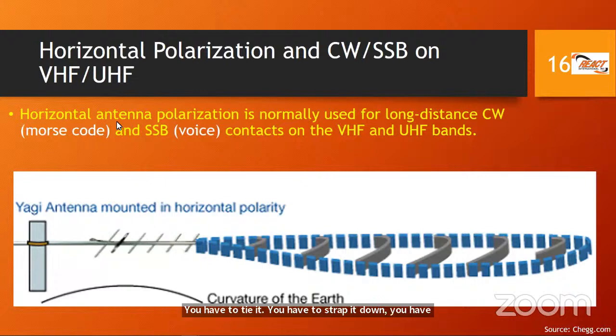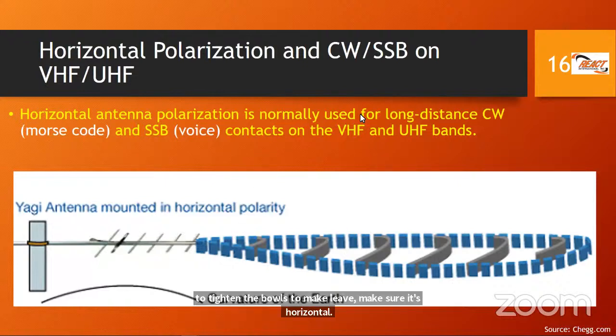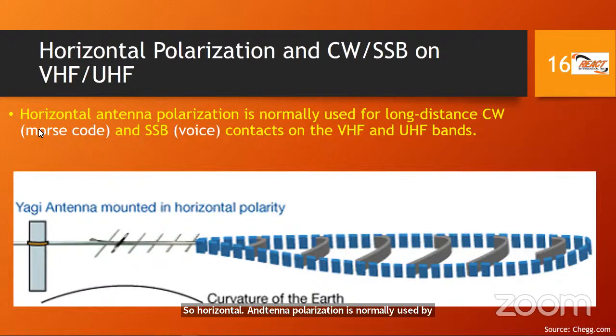So horizontal antenna polarization is normally used by hams for what? Long distance CW and SSB contacts. And a contact just means that you're speaking or communicating with another amateur radio operator. But on what bands? On the VHF and UHF bands.